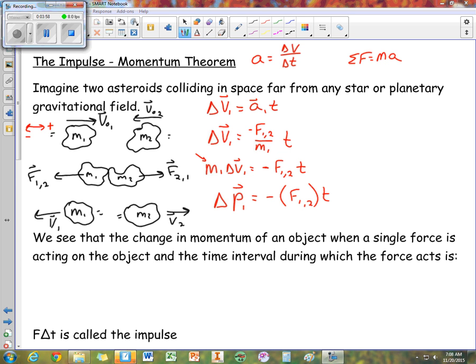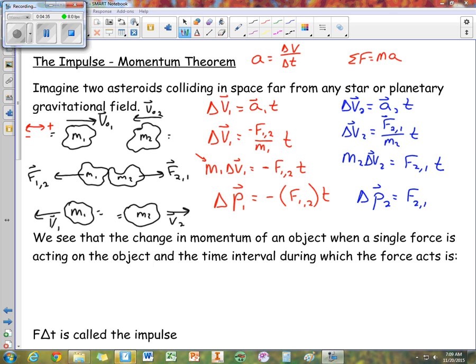Notice also I can do the same exact thing for object 2. And I need to remember that force is a vector as well.